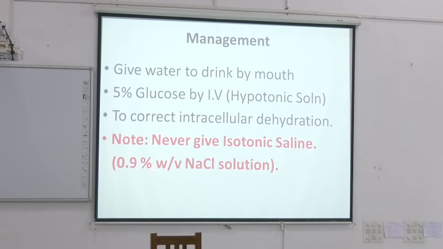But in this condition, never give isotonic solutions. Why not? Because due to dehydration, the concentration of salt is already high inside the body. If we provide Ringer solution or an isotonic solution, the salt concentration increases, and the person becomes hypertensive.